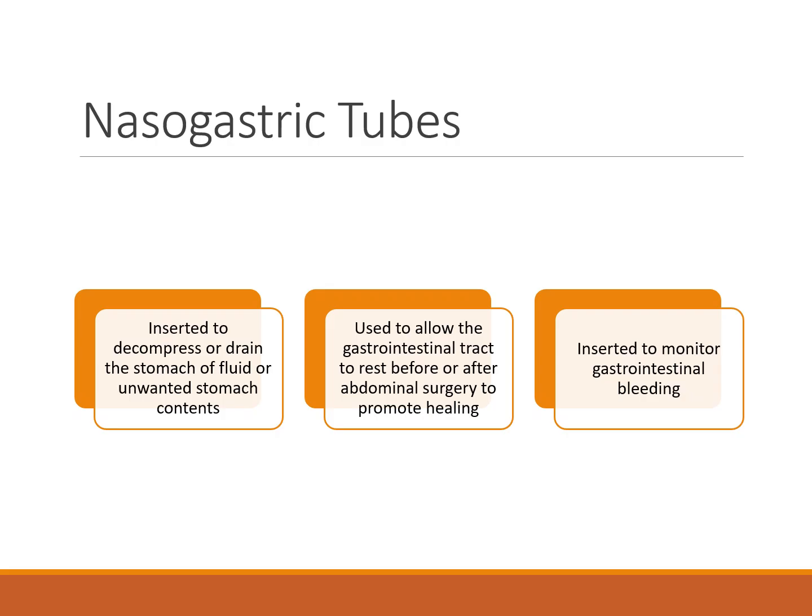We monitor for complications: nasal irritation, which we talked about already, blockage, discomfort. We document output and patient responses. NG tubes are a vital tool in managing GI conditions, and we play a key role in ensuring proper placement, maintenance, and patient comfort.